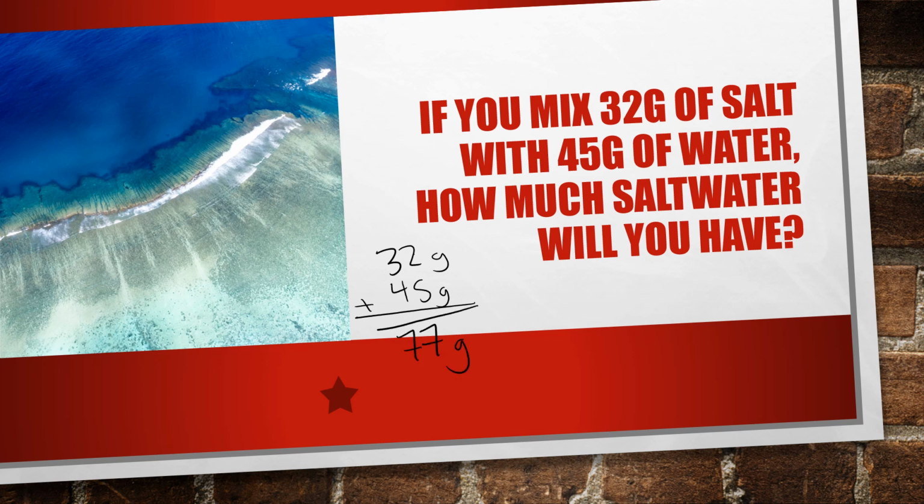So you're going to have a total mass of 77 grams of salt water. Now this again is going back to the law of conservation of mass, in that what it is saying basically is that all matter has to be accounted for. You can't just have matter disappear or be lost or created out of thin air. Every gram of mass must be accounted for in your questions here.